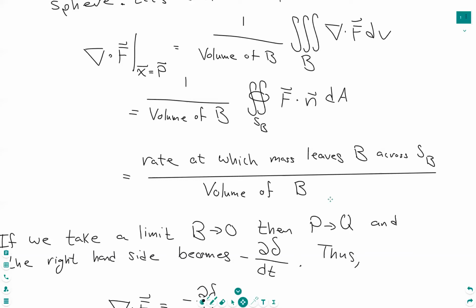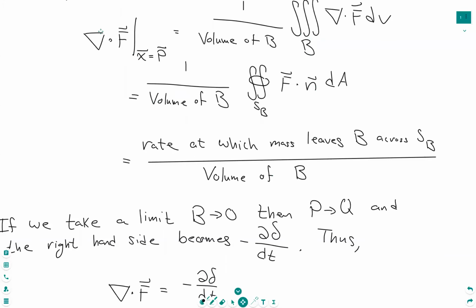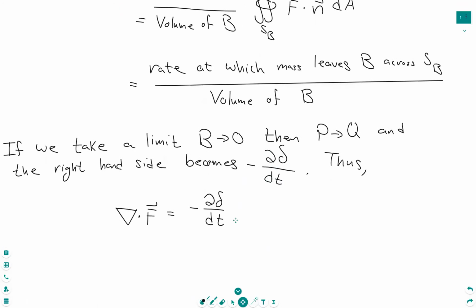And if you keep shrinking that sphere that we just made arbitrary, the point that it achieves its average becomes closer and closer to the actual center of the sphere at any arbitrary point Q. And the volume of B goes to 0, and this becomes how much of the density is leaving as a function of time for that specific one point.